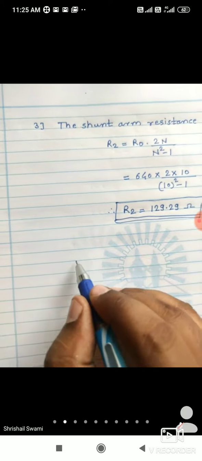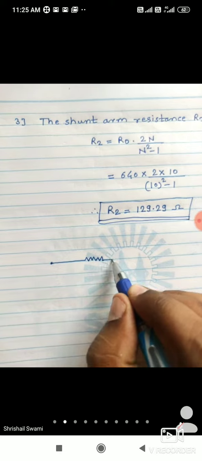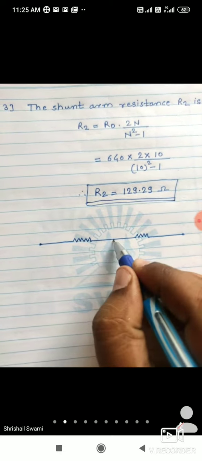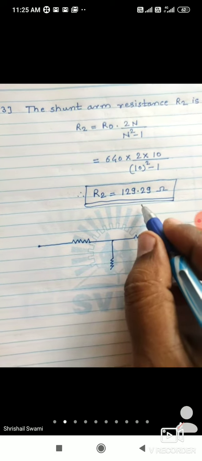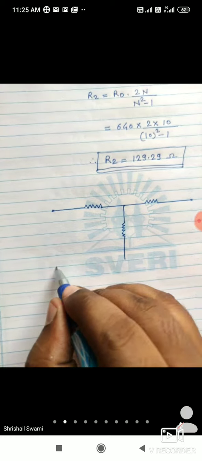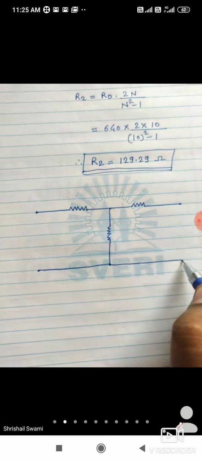So you have to draw now the T-type attenuator and you have to put the values. If we are doing up to this only, you will get only half mark, that is, out of 4 you will get 2 marks. So 1 mark is for design, that is for drawing the diagram, and 1 mark is for mentioning the values.